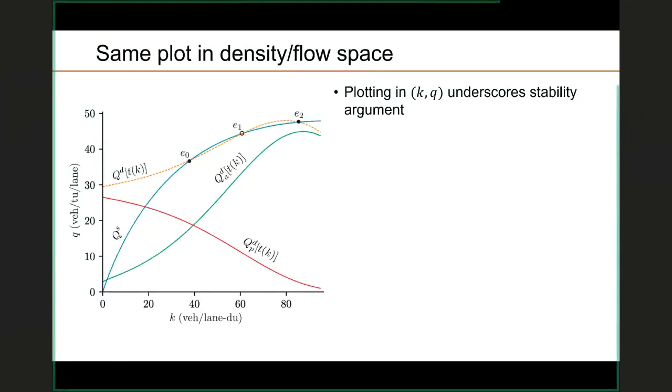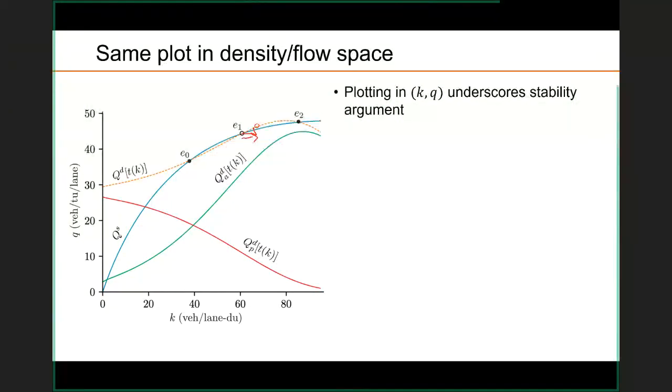Essentially, if density rises slightly here, if density is out of whack, then the system moves away. I won't go into it, but you can make these arguments by perturbing at each equilibrium. But this is the same plot as the previous one, just in a different state space.